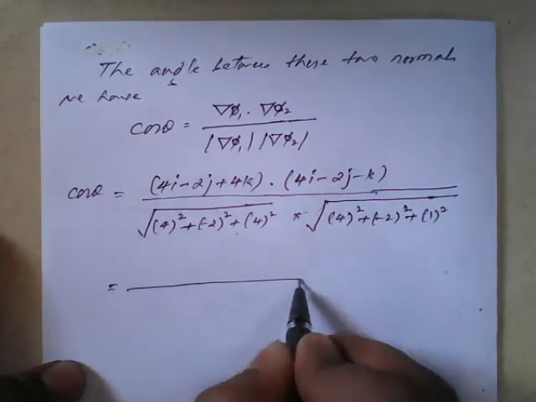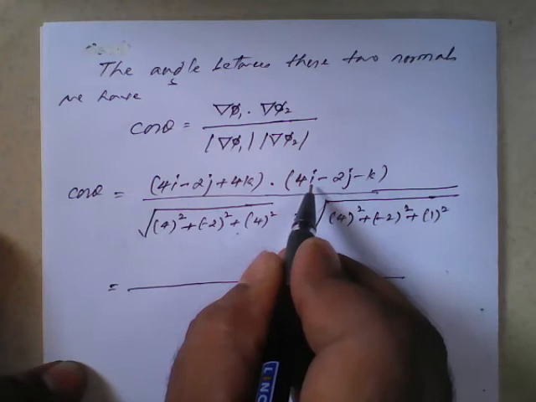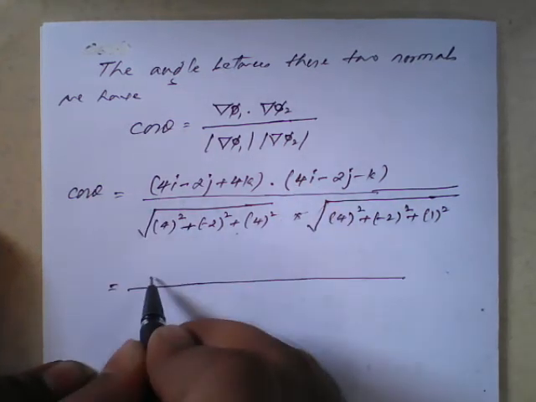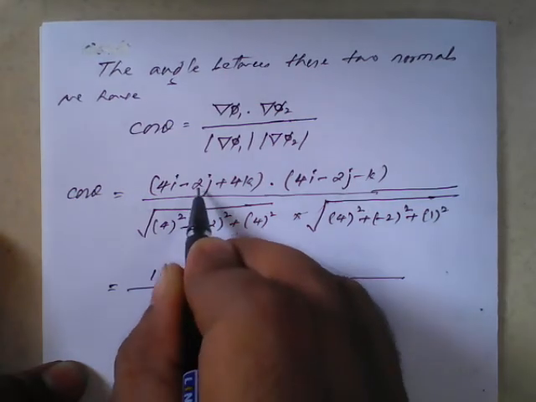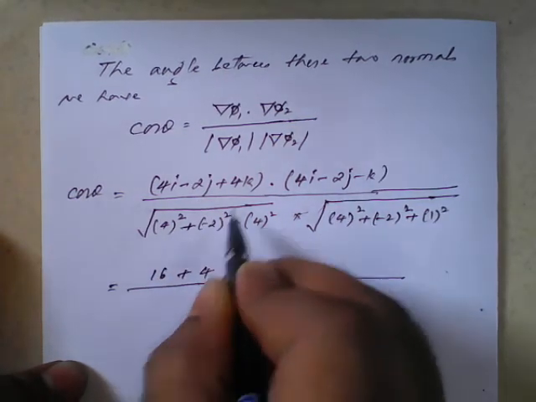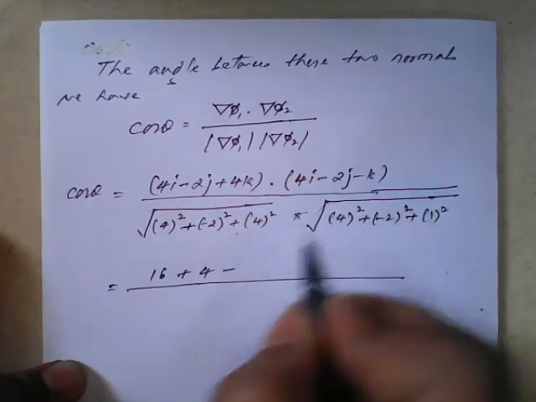So the resultant is 4i dot 4i, i dot i is 1, so 4 into 4 is 16, plus minus into minus is plus, 2 2s are 4, j dot j is 1, leave it, plus into minus is minus, 4 into 1 is 4.